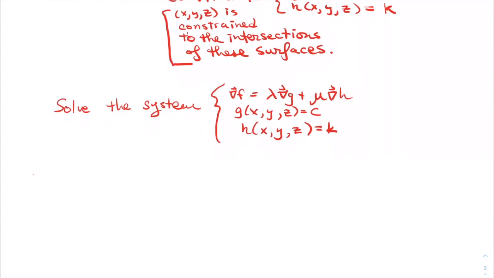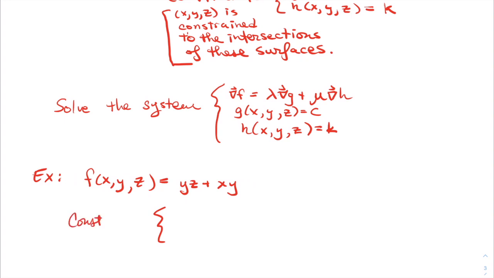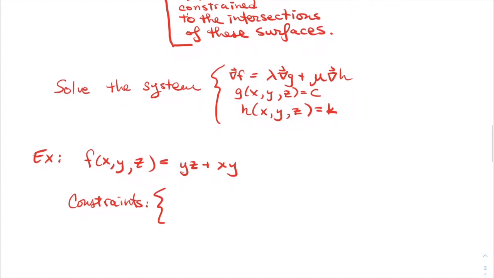Okay, so we're going to do a quick little example here. The system has f of x, y, z equal to yz plus xy. Seems simple. We have two constraints. First, that x times y has to be 1.